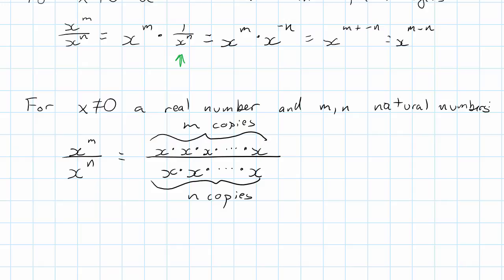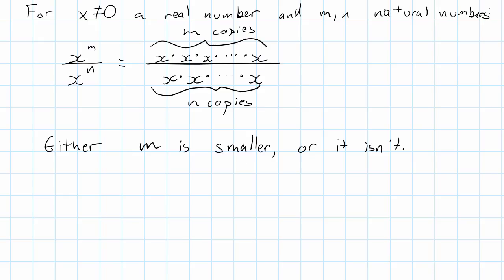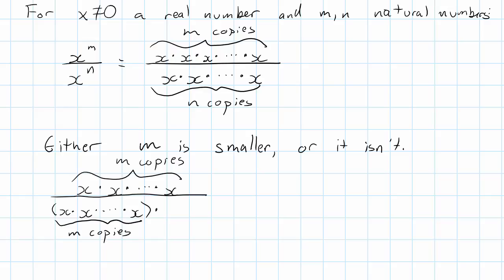Oh, one of two things is going to happen here, right? Either m is the smaller number or m is not the smaller number. If m is the smaller number, well, we've got m copies in the numerator. In the denominator, we can split that up as m copies, and then what's left is a further however many extra copies we need to get up to n.